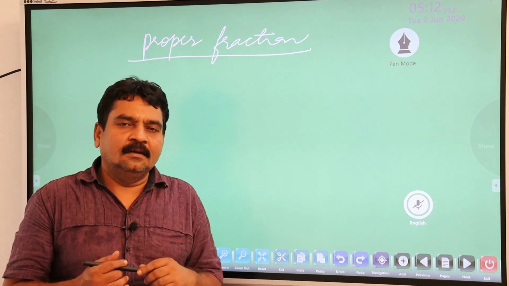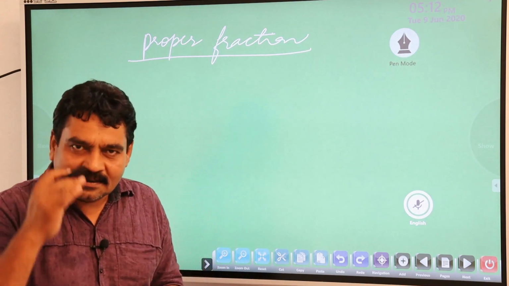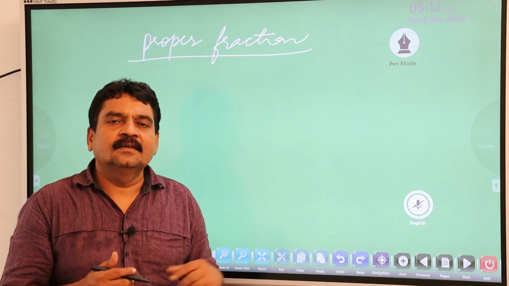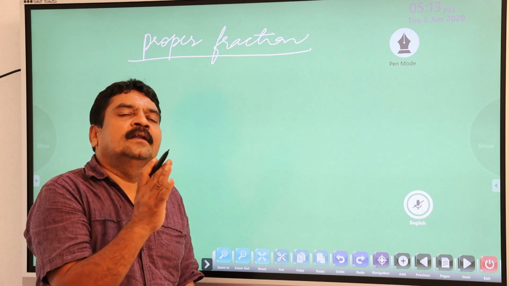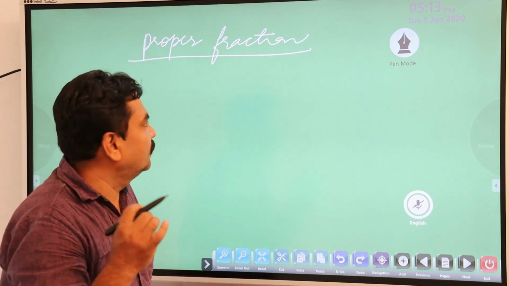I repeat it again. The fraction in which the numerator is lesser than the denominator, such a fraction you call a proper fraction. Or the fraction which is less than 1, you call a proper fraction.